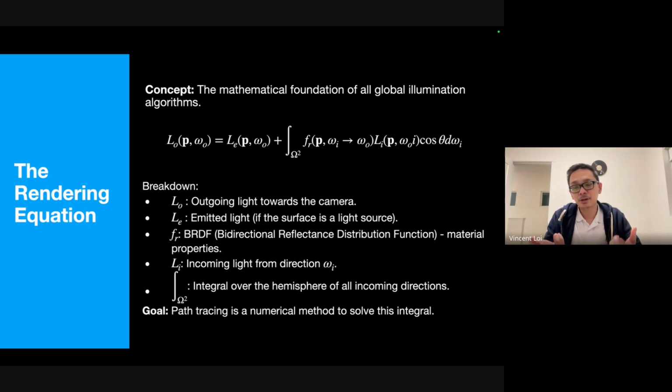At the same time, we also need to integrate over the surface. So for omega, actually this is a triple integral, which we just simplify in this kind of mathematical notation. Then we have the f_r. f_r is our BRDF, the bidirectional reflectance distribution function.